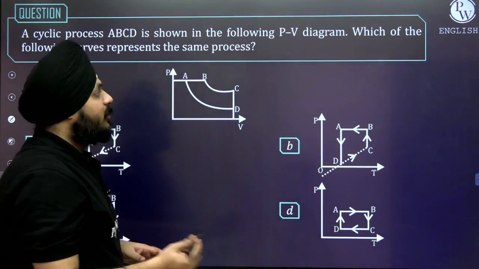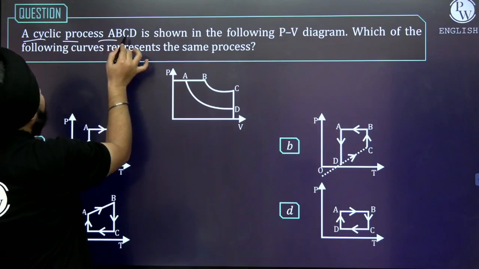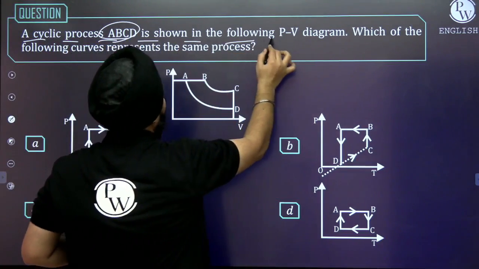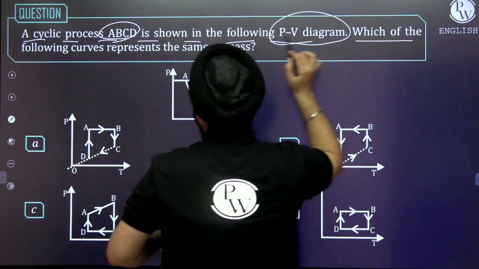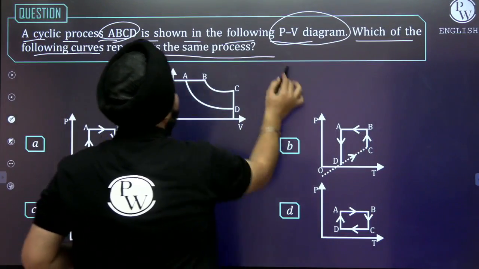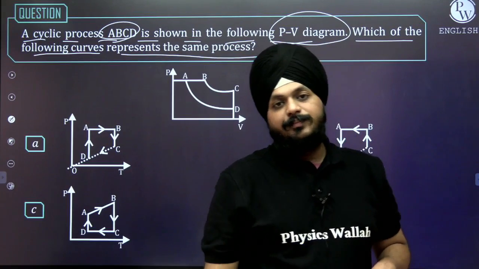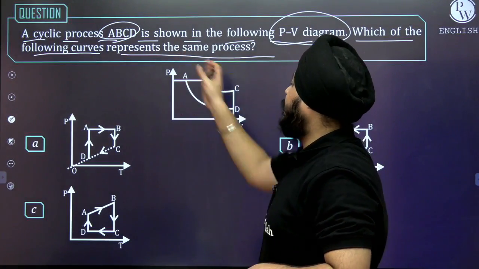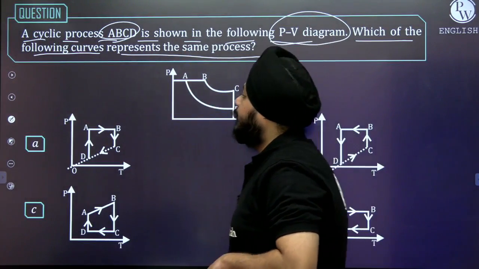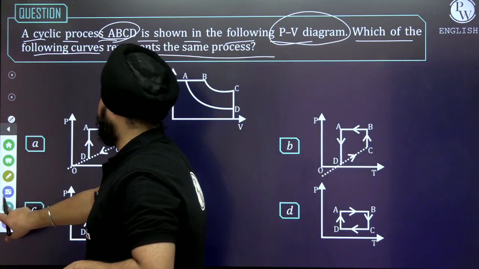Let's see. A cyclic process ABCD is shown in the following PV diagram. Which of the following curves represents the same process? For this PV diagram, you have to select the correct PT graph. Let me give you all a minute to solve this question.